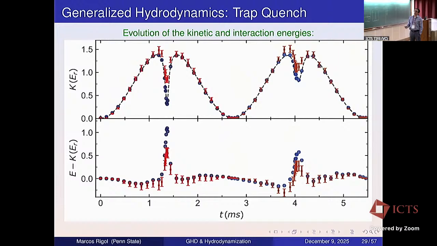You see what happened to the kinetic energy in the quench: there is a big drop at the maximal compression point, because at that point that energy becomes interaction energy. So something abrupt is happening here, which is well described by the theory too. They see it in the experiment, and it's well described by the theory.